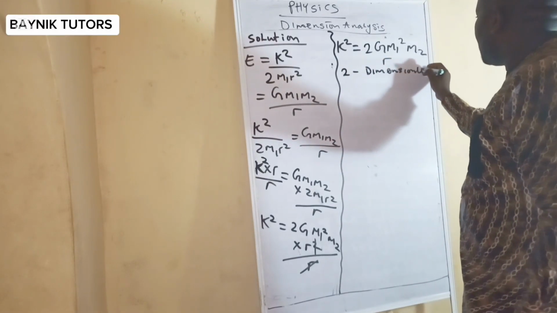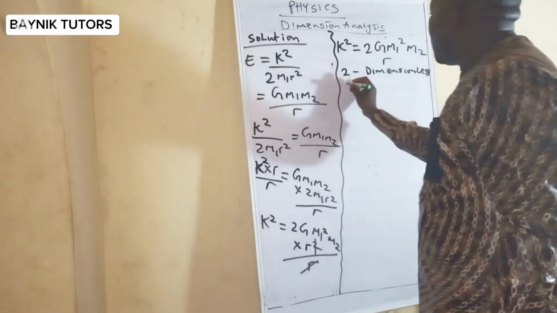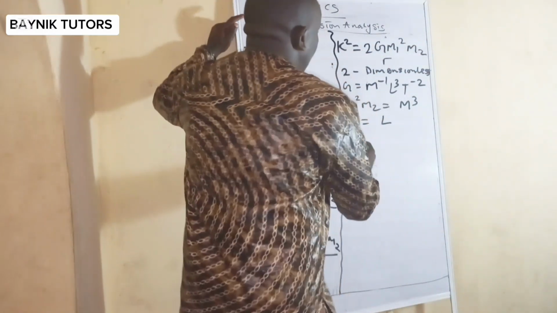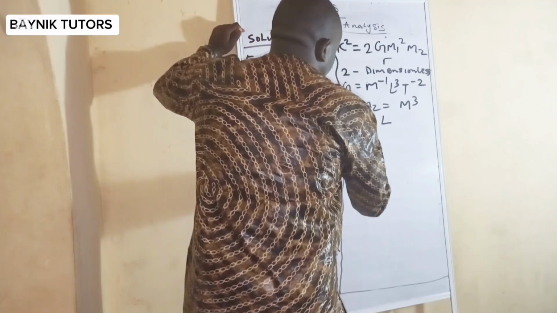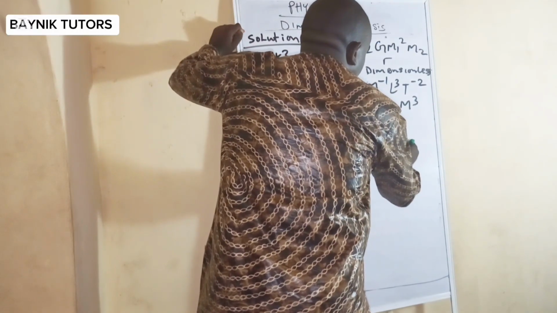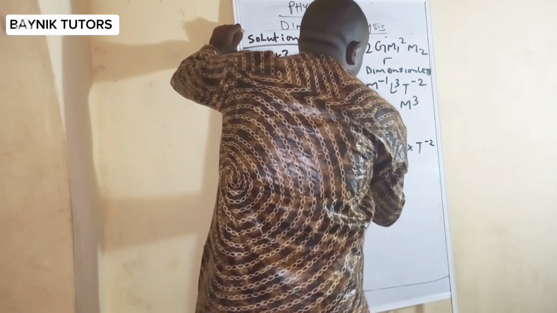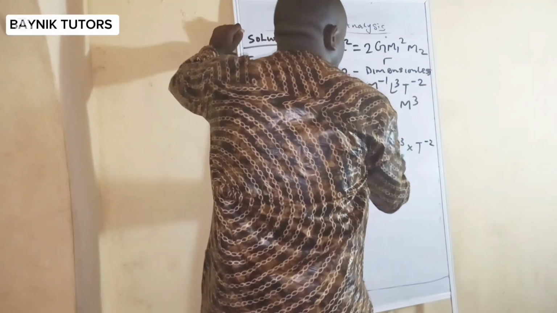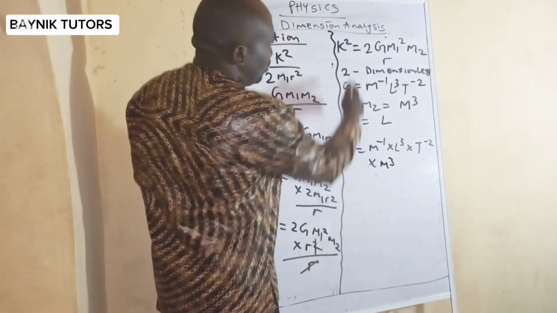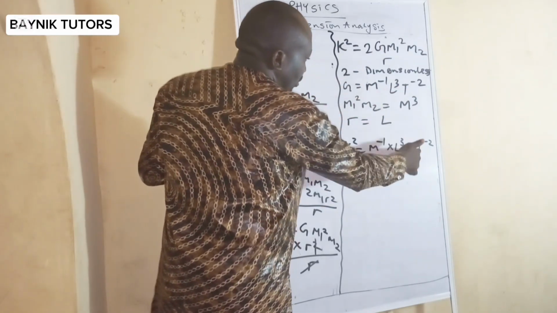So we can also do from here K square is equal to G, which is M raised power minus 1 times L raised power 3 times T raised power minus 2, then multiplied by the M squared, that's M raised to power 2. So we started with K square is 2 mG, which is M raised power minus 1 times L raised power 3 T raised power minus 2.